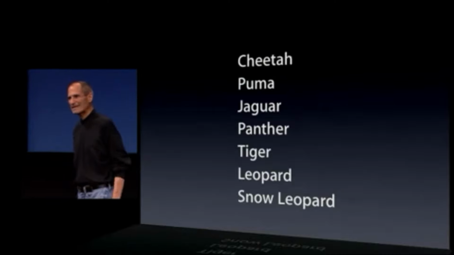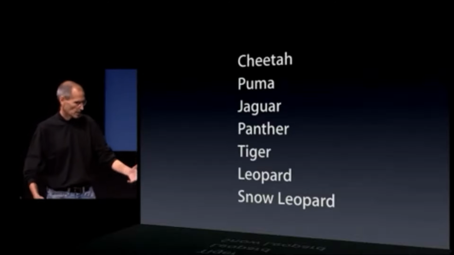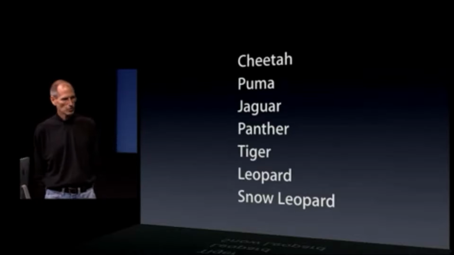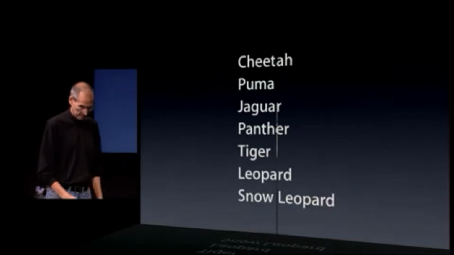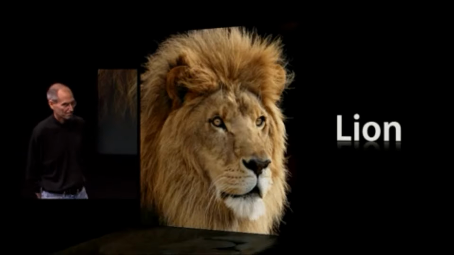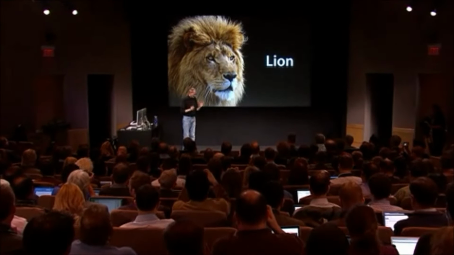But we know how to take it even further. And so today, we are going to give you a preview of the 8th major version of Mac OS X, and we call it Lion. Mac OS X Lion. Now, what is the big idea?